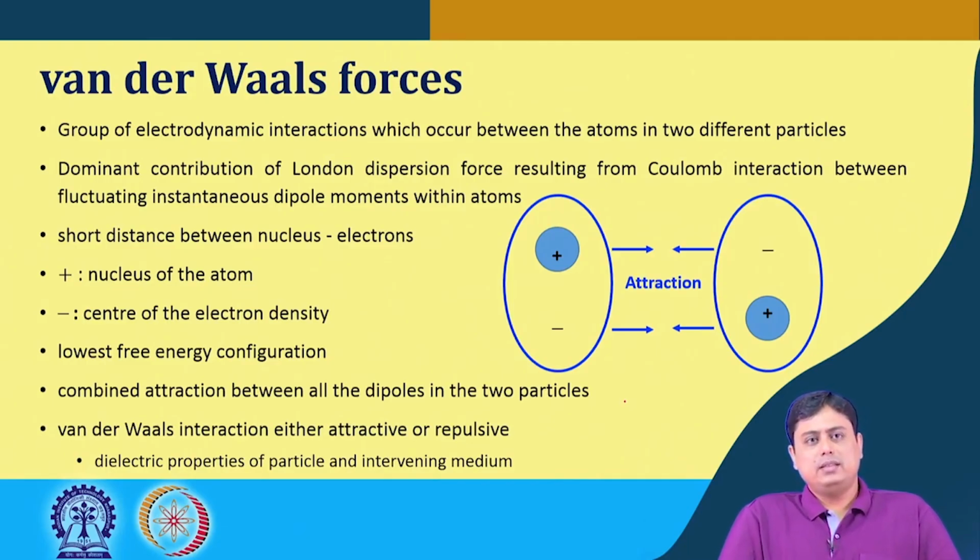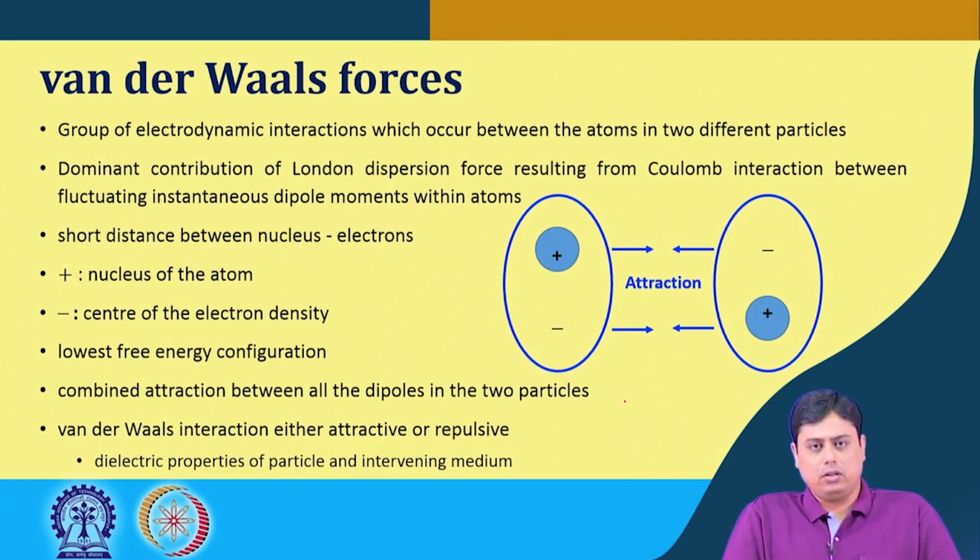Now, there is a very short distance between the nucleus and the electrons of any atom. Say that nucleus is positively charged, around which the electrons are orbiting, are revolving.